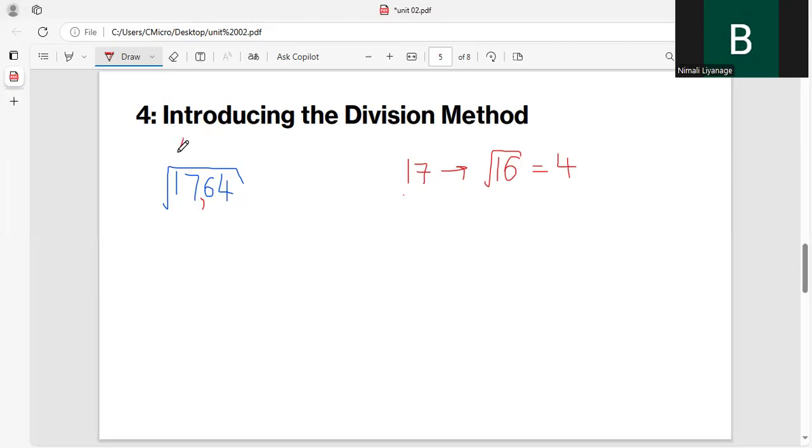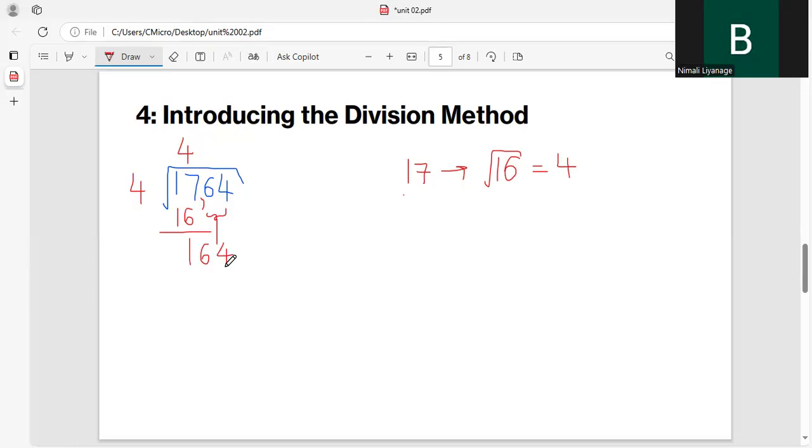Write 4, and 4 times 4 is 16. What is the difference between 17 and 16? 1. Then we bring down the next group, 64.